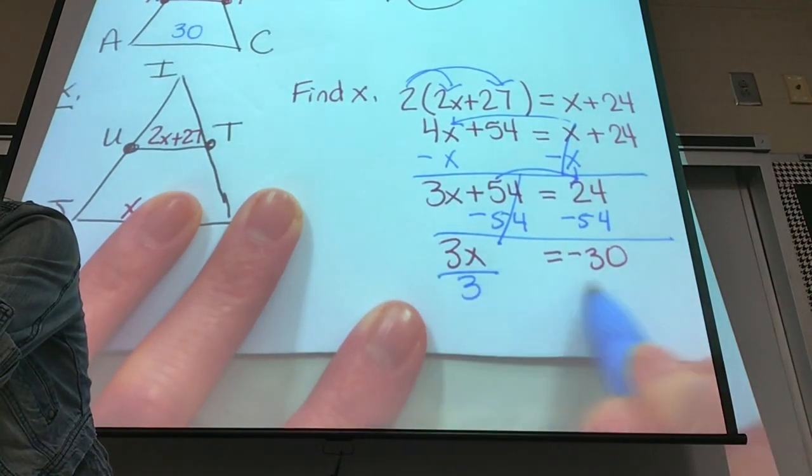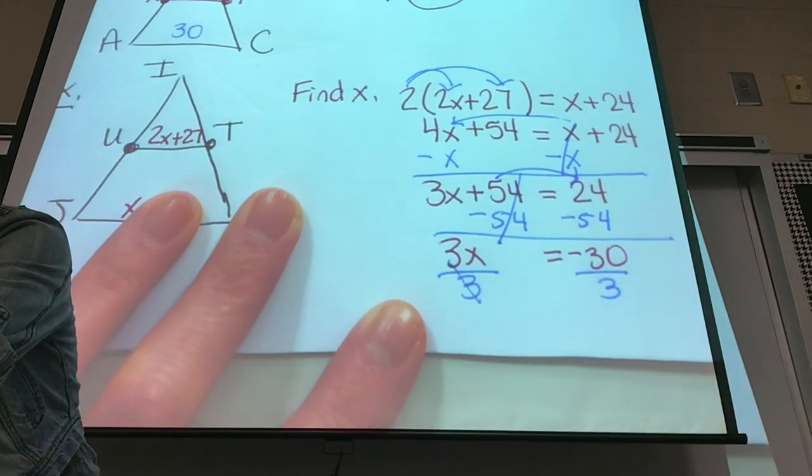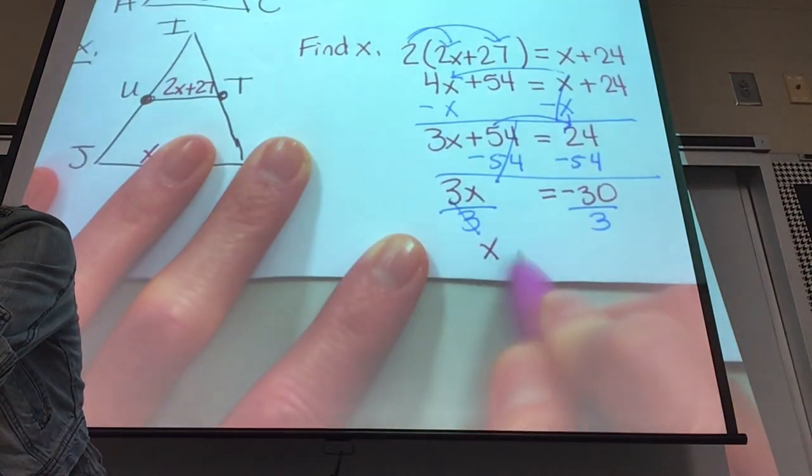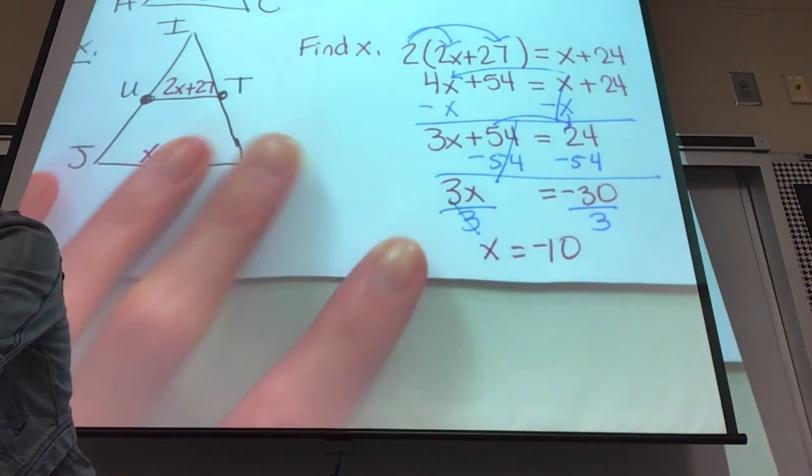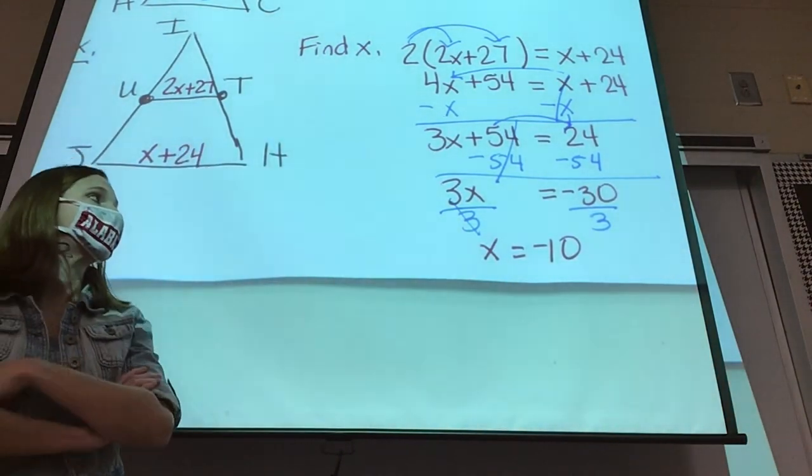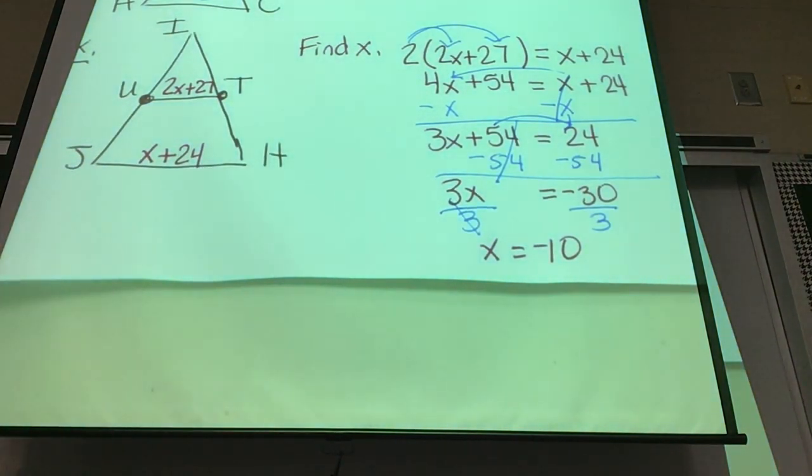So when I divide by 3, x is going to equal -10. So again, it's not really complicated, it's just making sure that you set them up correctly. Again, if you miss multiply, if you miss add or subtract, then of course your whole problem is gone.